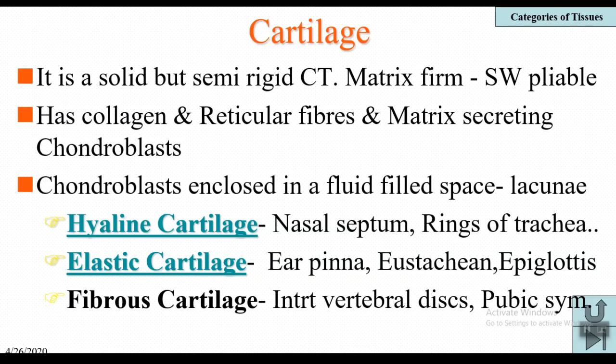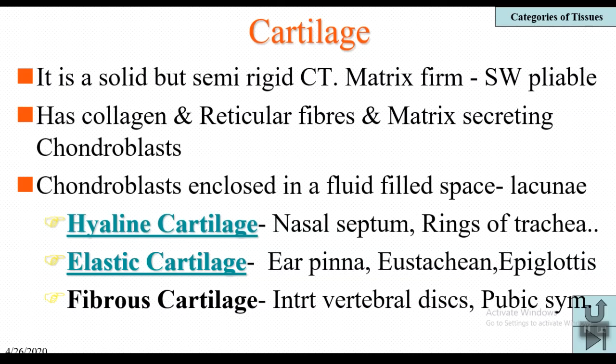The cells of the cartilage are called chondroblasts. These are responsible for secretion of the matrix. The matrix is somewhat rigid. These chondroblasts are enclosed in a fluid-filled space called lacunae.